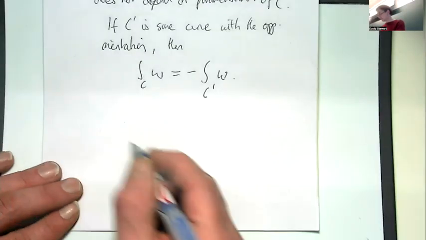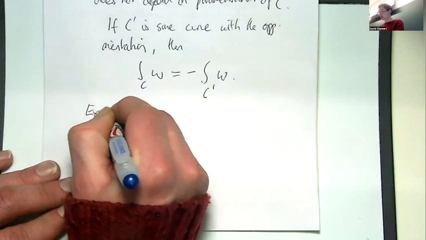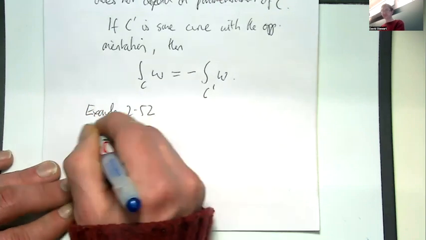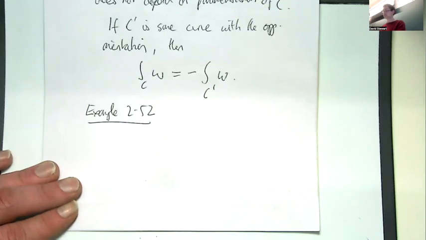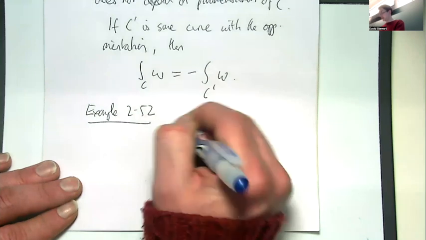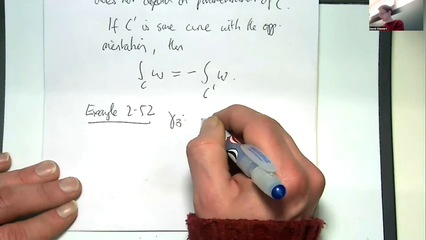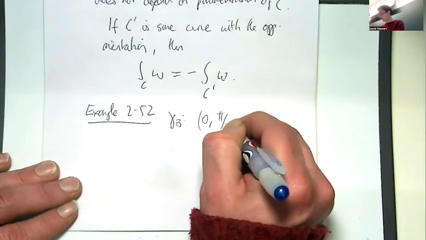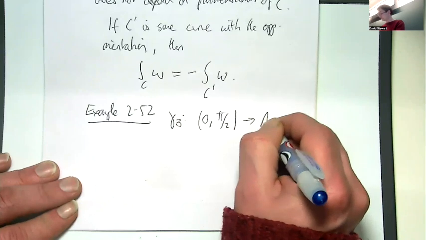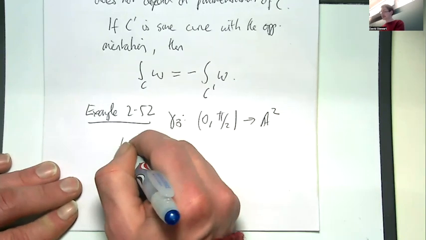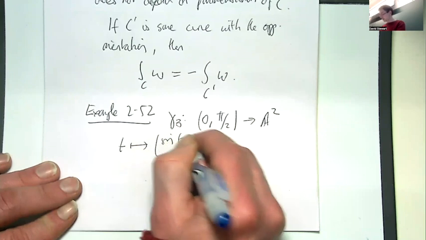So let's do that. Example 2.52. We're going to pick a new parameterization of C and see what we get. So this is going to be gamma 3, taking 0 to pi over 2 to R^2, that sends t to (sine t, sine squared t).